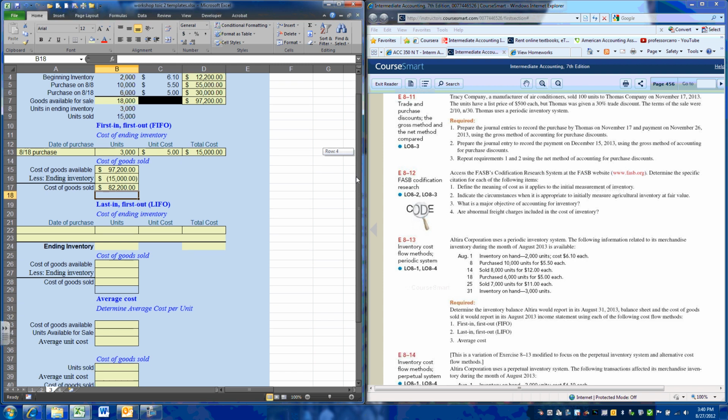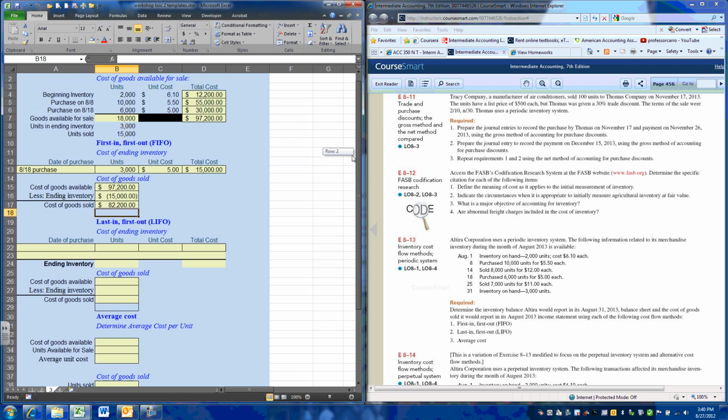A different valuation assumption, last in, first out, assumes that the ending inventory of 3,000 units comes from our earliest inventory activity. So the first layer is going to be from our beginning inventory. Notice we only had 2,000 units in beginning inventory.